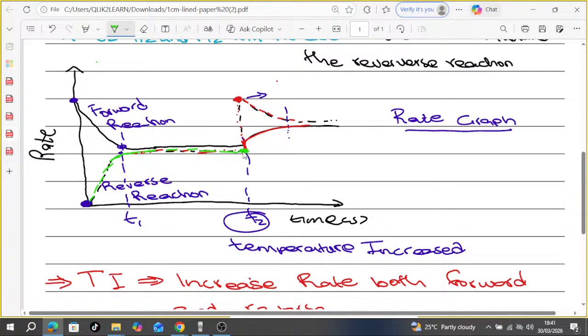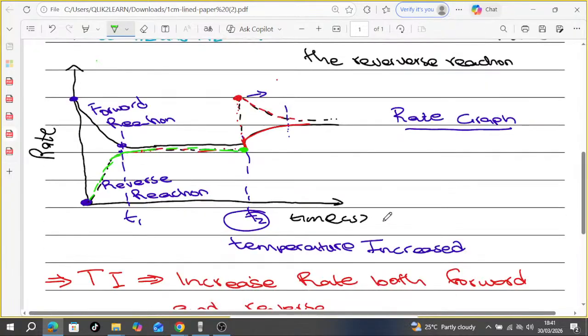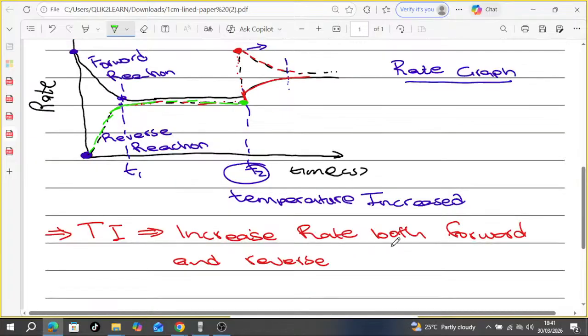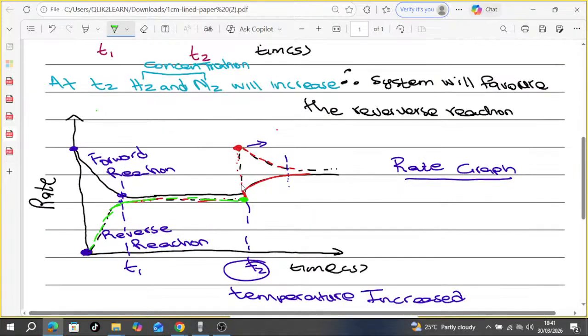When we increase temperature, the rate of both increases. But now the reverse is the one that jumps above the forward reaction. So this tells you that the reverse is favored.